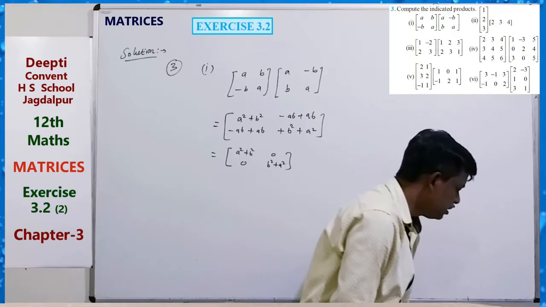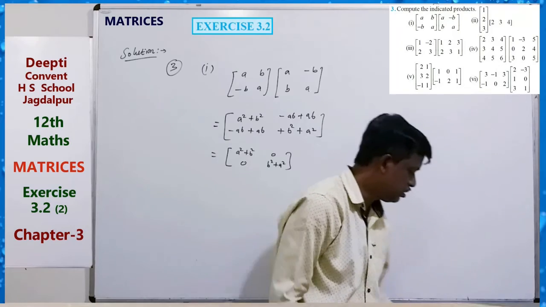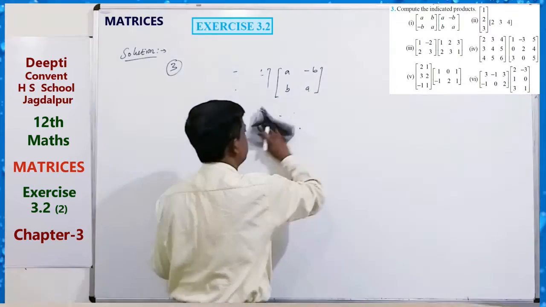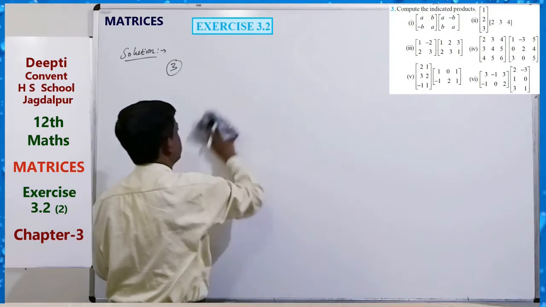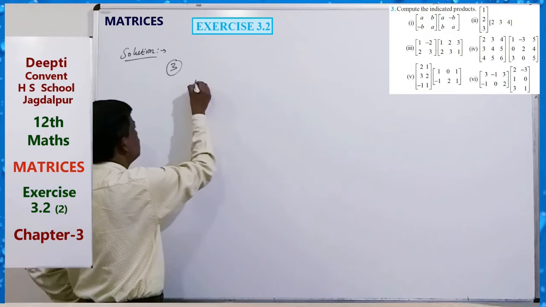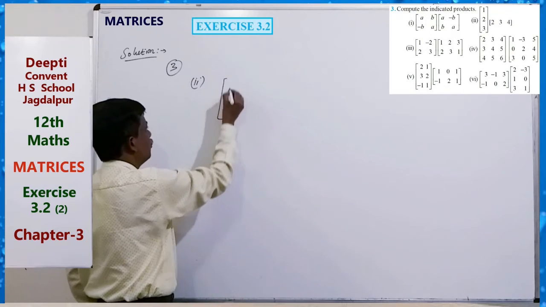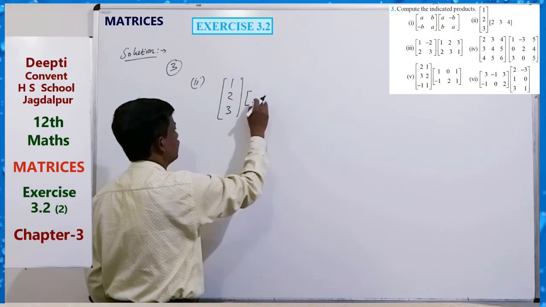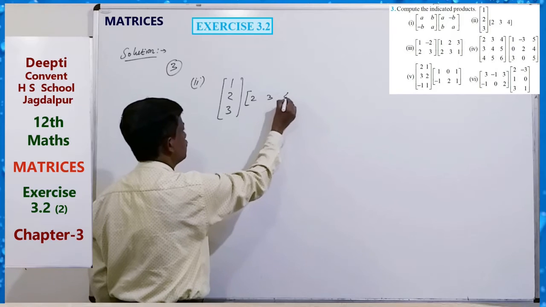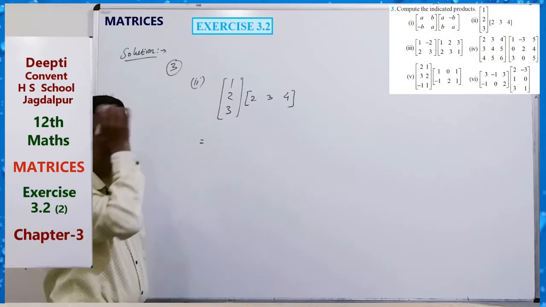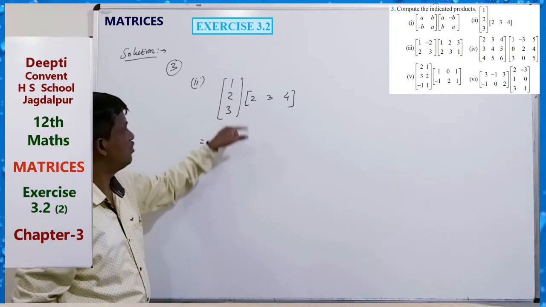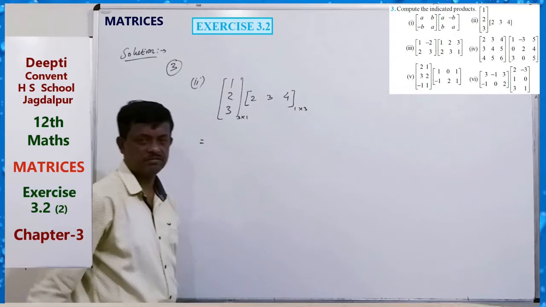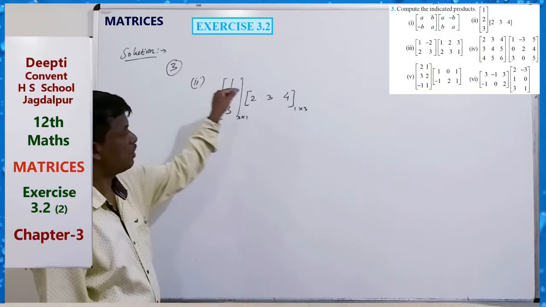Now see the second question, also for multiplication. 1, 2, 3 is a column matrix and 2, 3, 4 is a row matrix. Here this is 3 by 1 and this is 1 by 3, so the product is defined, very simple, because it is row by column.